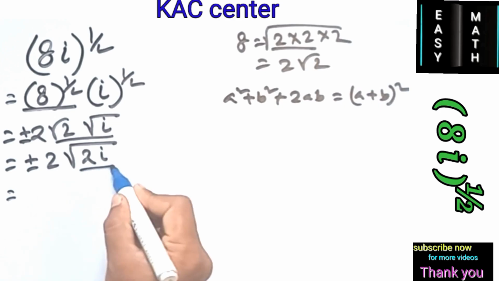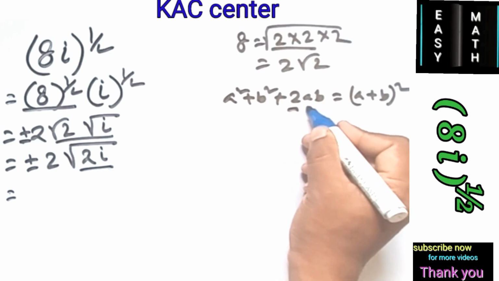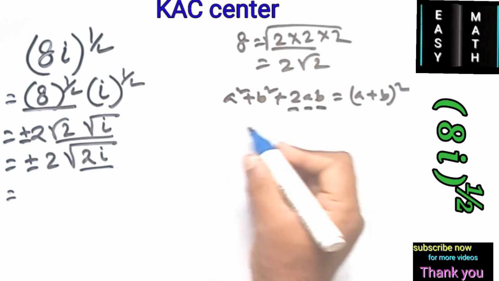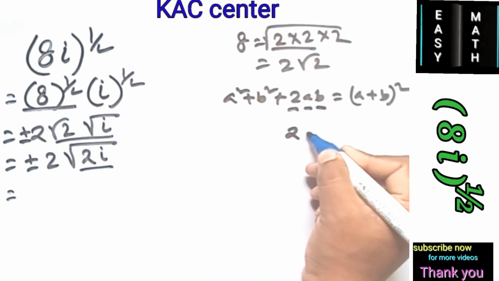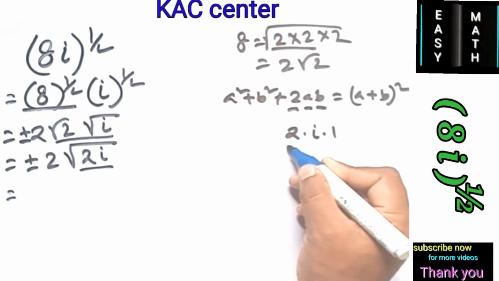So we made this. So there is a 2 and 1 is the i, so we can write 2 times i times 1. So this is the similarity of 2i.